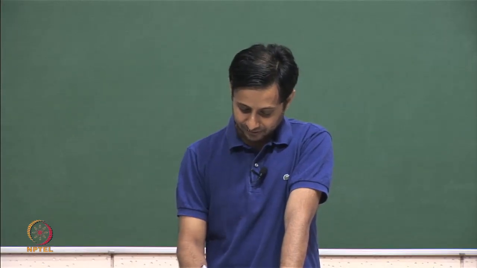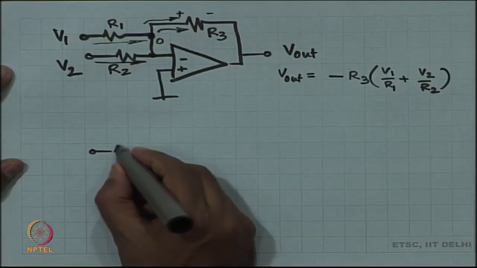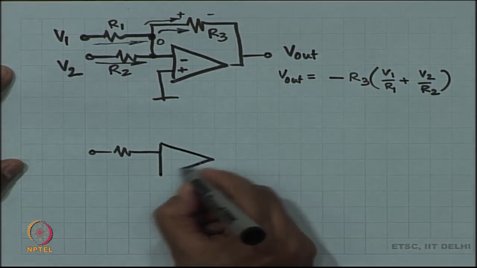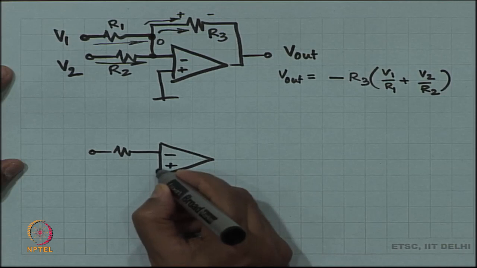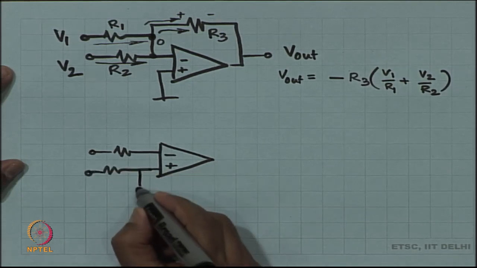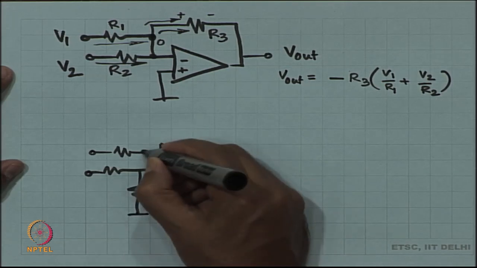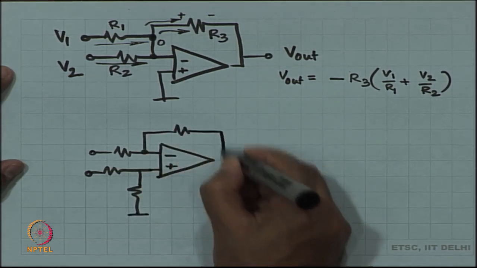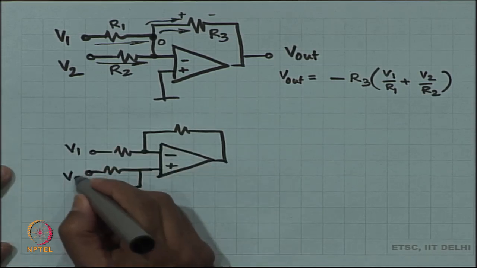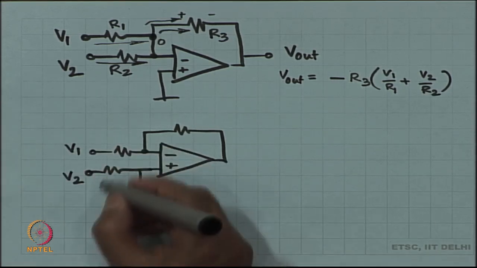The other one, which is the subtractor, is using the two different terminals of the op amp. Okay.